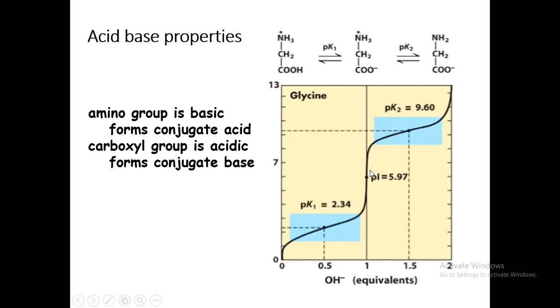And then what happens? When we go towards the basic pH, the proton from the amino group would start being lost, and at extreme basic pH we would have amino acid not having a proton in the amino group.